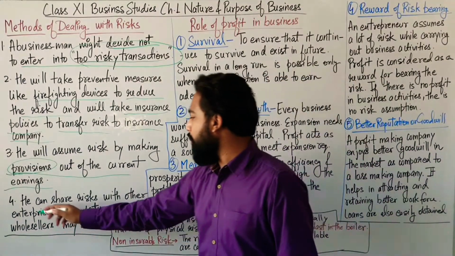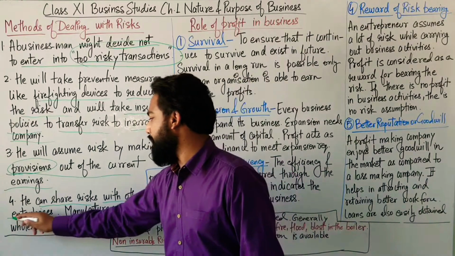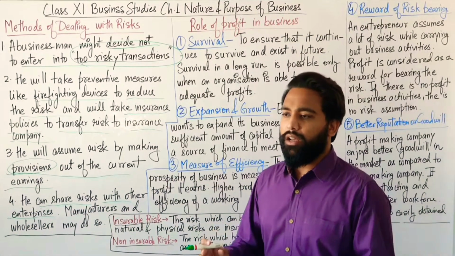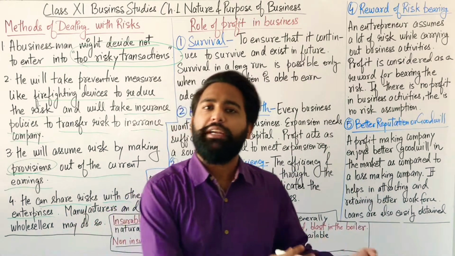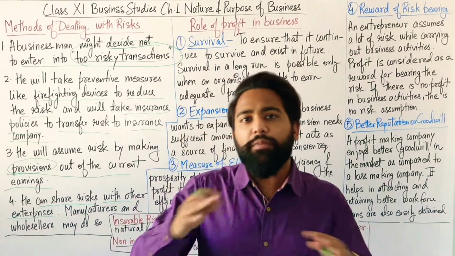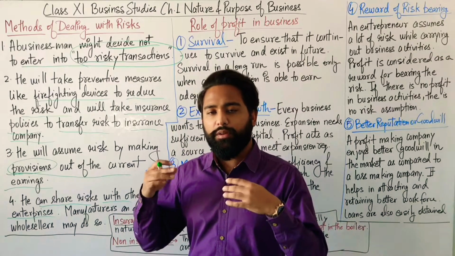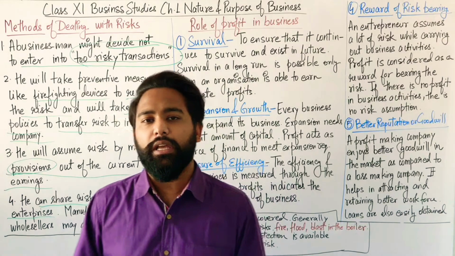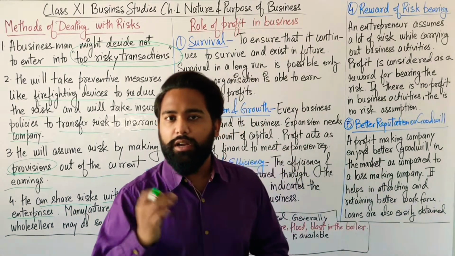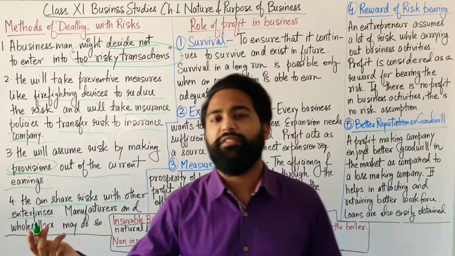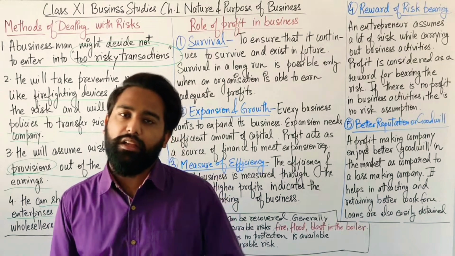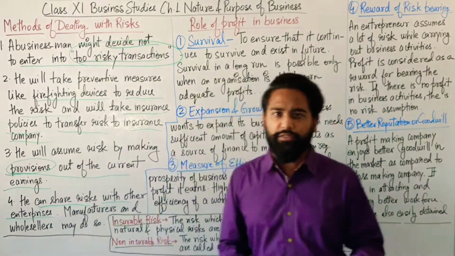Now, he can also share risk with other enterprises. Suppose a business is basically a mixture of many small enterprises. The enterprise of a car does not make all the components. Tires are made by some other manufacturer, nuts and bolts by other manufacturers, the engine by other manufacturers, the seating by other manufacturers.